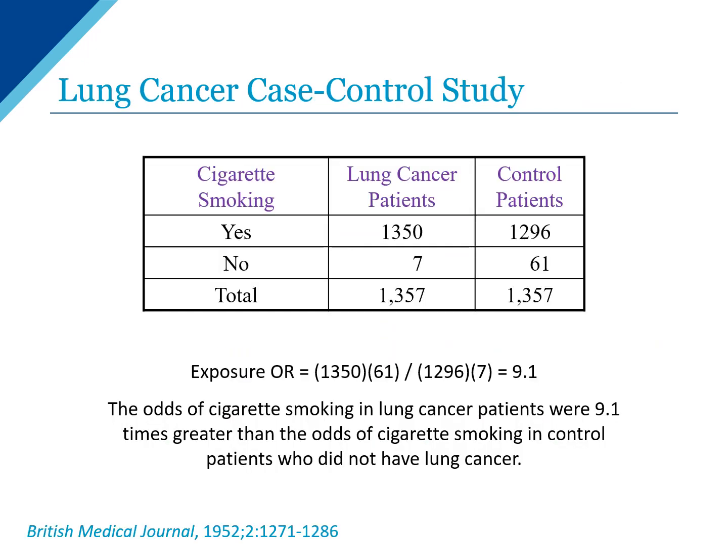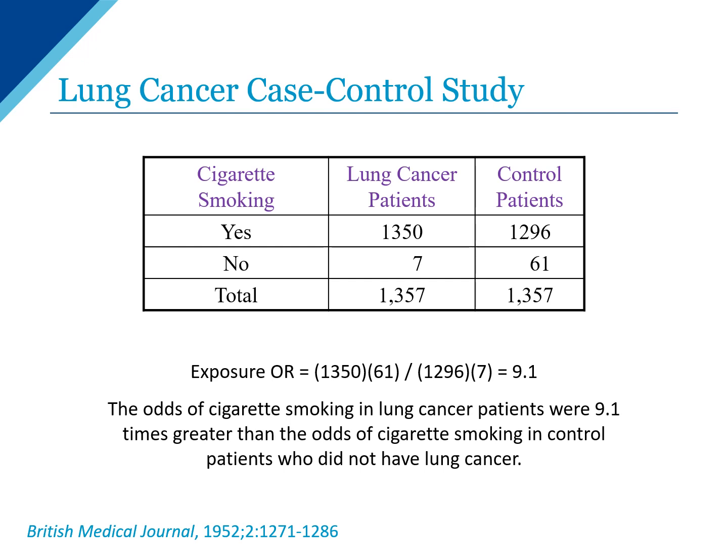The original study linking cigarette smoking and lung cancer was a case control study published in the British Medical Journal in 1952. They looked at those lung cancer patients and control patients and measured current and past cigarette smoking.